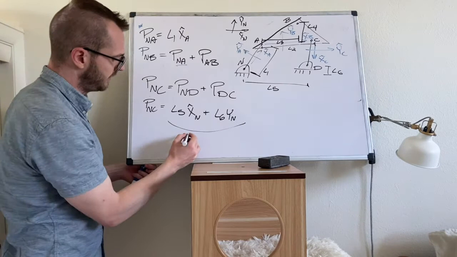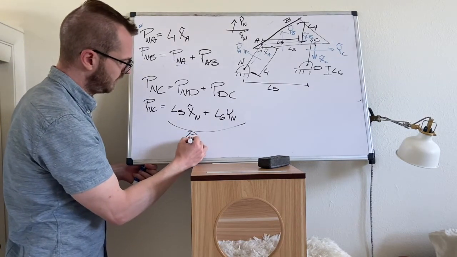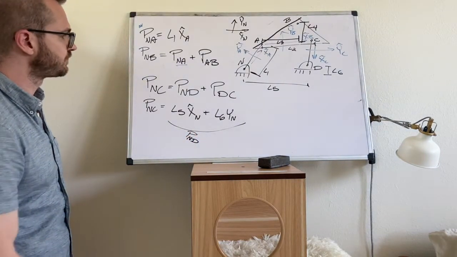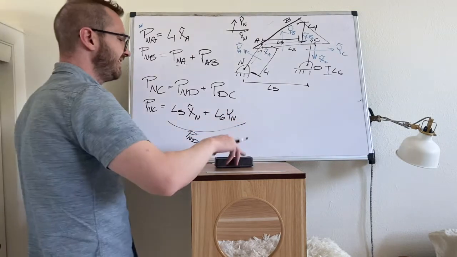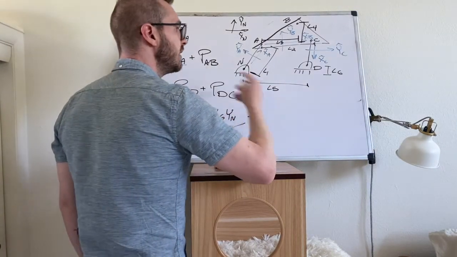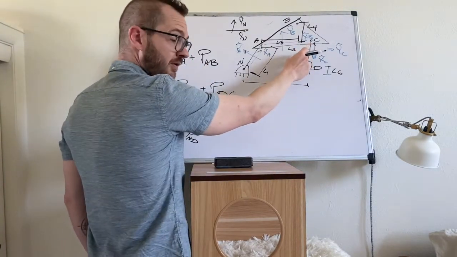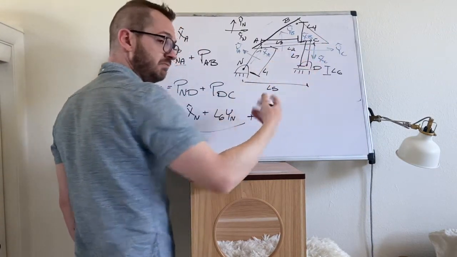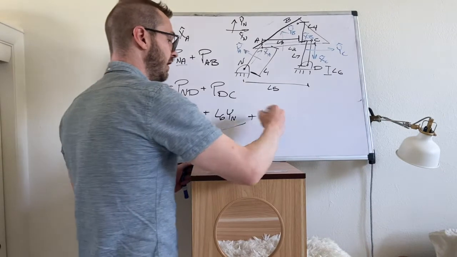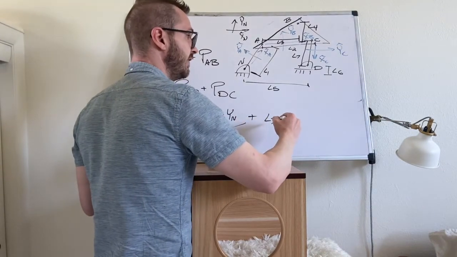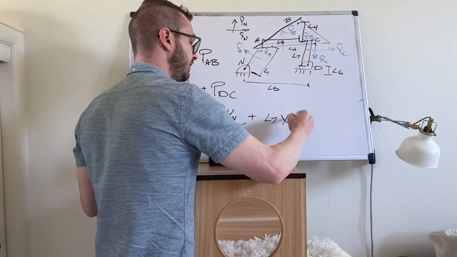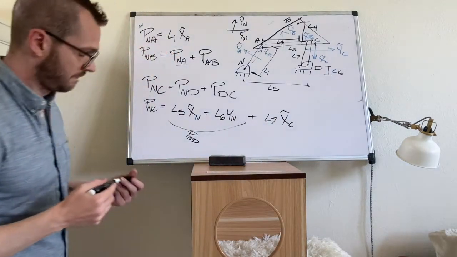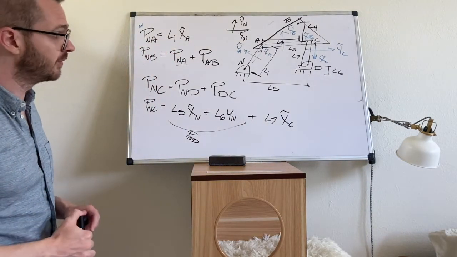This right there is just P_N to D. Next, P_D to C. So we need the length of the body C, so L7. If I write down L7 x_C, let's pause just a moment.